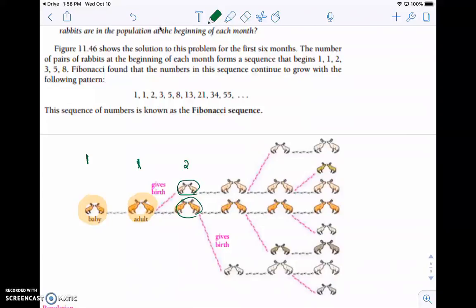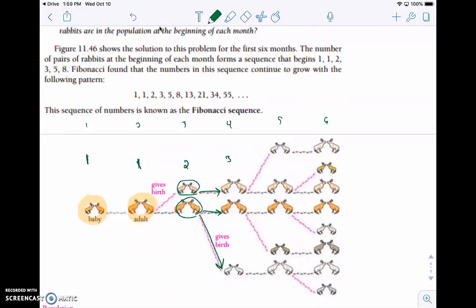Then when we go over to the next month, I'll just write this is month 1, month 2, month 3, 4, 5, and 6. Okay, so we go to month 4. This pair continues on. This pair matures, but this pair also, I should have said, gives birth again to a pair of rabbits. So we're up to 3.